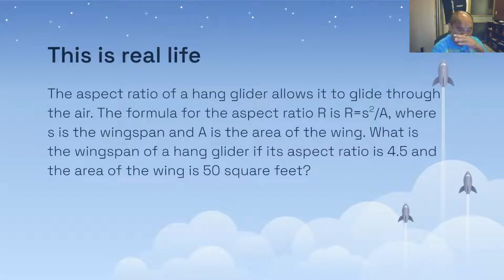Real life. The aspect ratio of a hang glider allows it to glide through the air. A hang glider is that thing that you can fly on, you know?